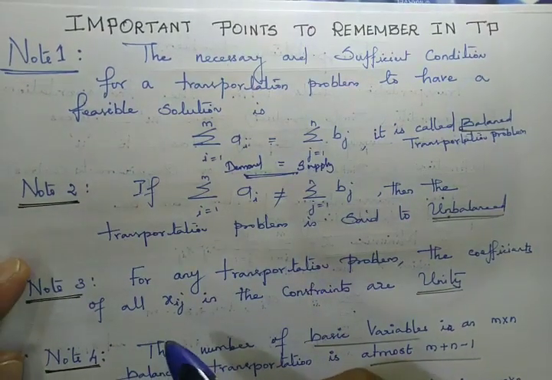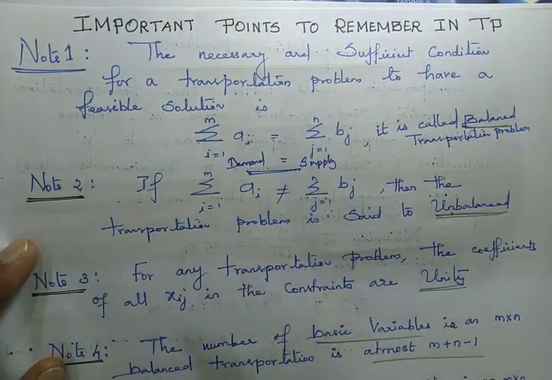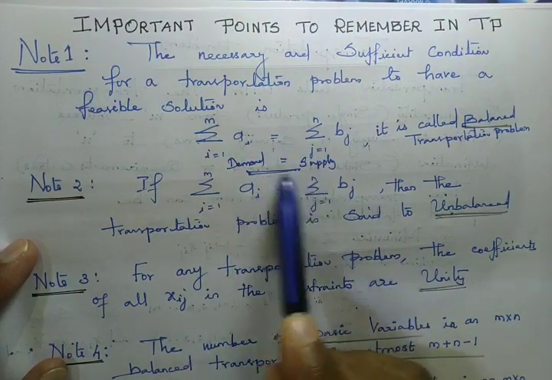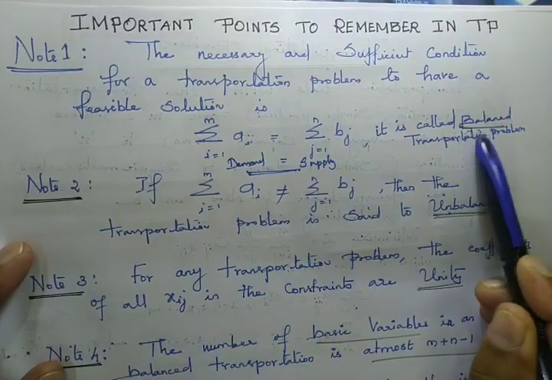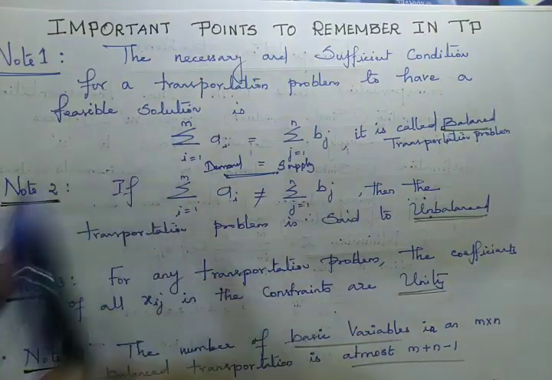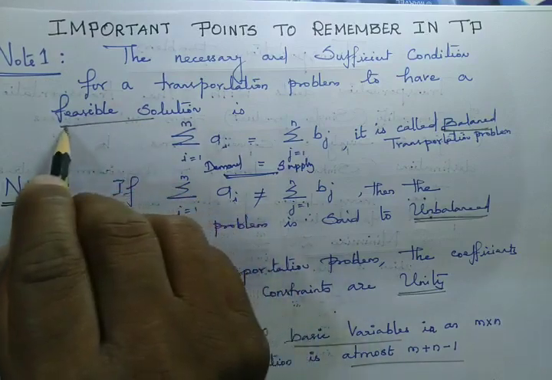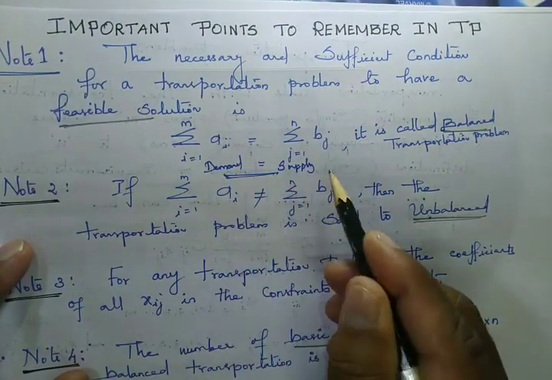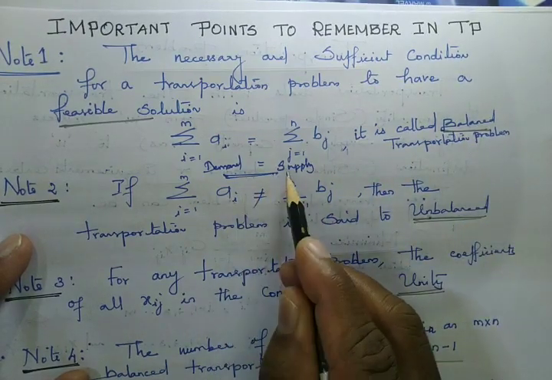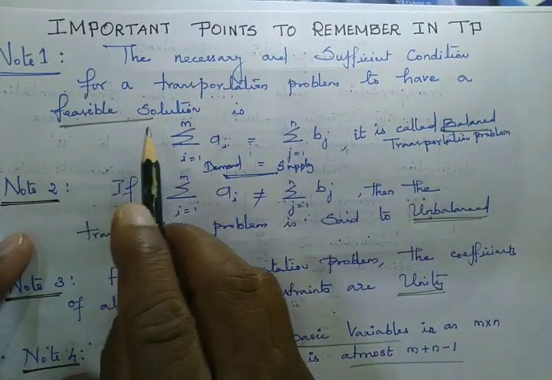The objective question will ask when the transportation problem will be feasible; the condition to write is demand equal to supply, also called the balanced condition. If the problem satisfies the balanced condition, the transportation problem will have a feasible solution.